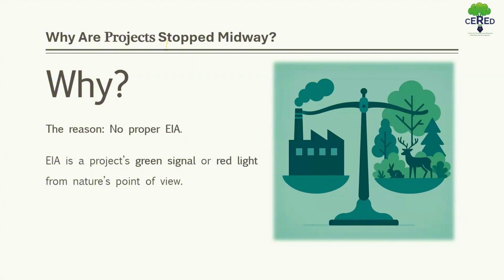The consequences are as follows: local communities protest, courts intervene, and environmental damage becomes unavoidable. So projects get tangled in legal battles and public resistance, wasting years and crores of investment. That's why EIA isn't just paperwork. It's a proactive step to ensure development is planned with awareness and responsibility.